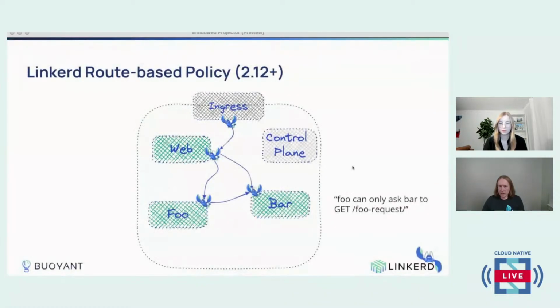Okay. So if we look back at this, the interesting thing about the ingress versus the mesh is that the ingress only gets to affect traffic coming in from here. So basically, the ingress can only make decisions for things that transit the ingress. The ingress cannot make any decisions about traffic between foo and bar, for example. It can't make any decisions about traffic between web and bar because it's simply not there.